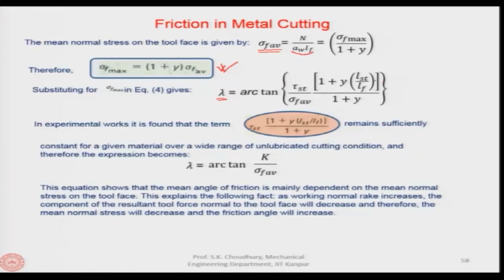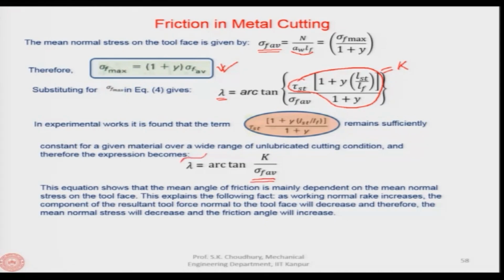Now, in experimental works, it has been found that the term tau ST, this and this remain sufficiently constant for a given material over a wide range of unlubricated cutting conditions, and therefore, this expression becomes lambda is equal to arc tan of some constant k divided by sigma F average.